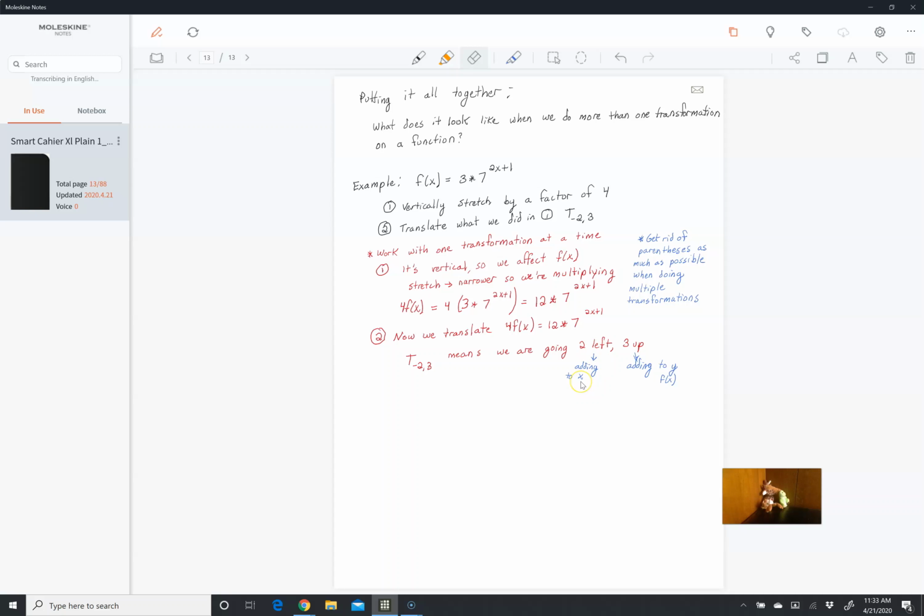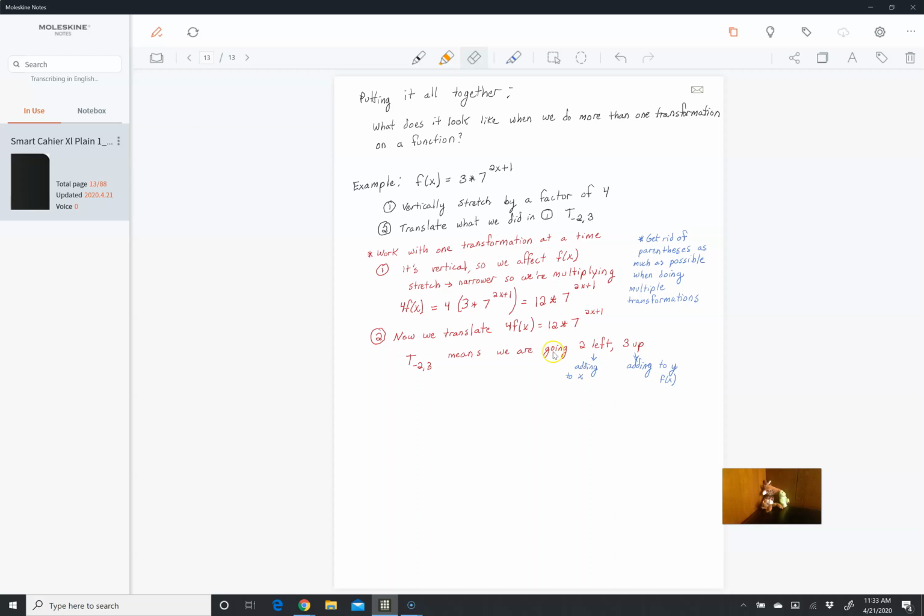What are we adding to? X. How do we know it's x? It's a horizontal transformation. Then we're going 3 up. What does that mean? We're adding to y. Okay. How do we know it's y? It's a vertical transformation. Up and down is vertical. So now don't worry about the 4f of x. Just concentrate on what this means.